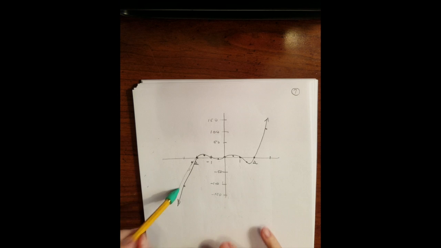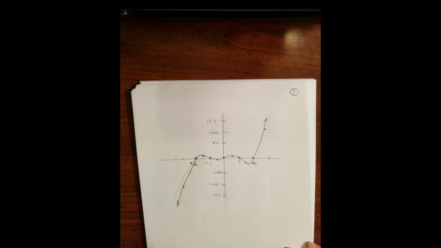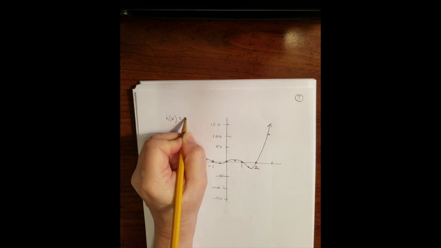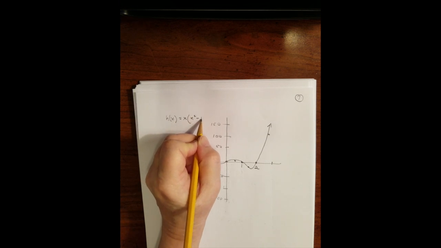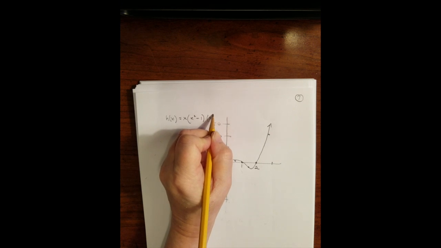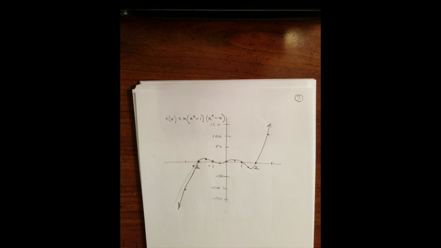Okay, so this is an approximate graph of our function h of x equal to x times x squared minus 1 times x squared minus 4.